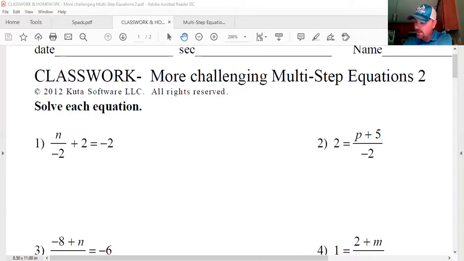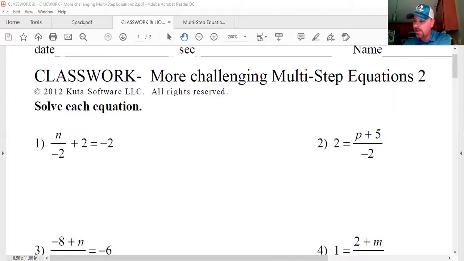If I multiply this side by -2, I must multiply that side by -2 as well to keep it balanced. Okay, so bring down what's left. On this side, we've isolated the variable, so we should be done as soon as we do this computation. -4 times -2 is +8. Okay, so n is equal to +8.